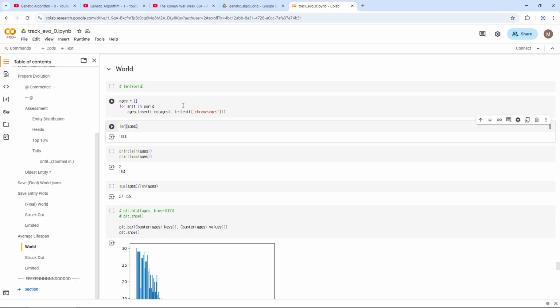So, by measuring that, I could get the ages of entities.